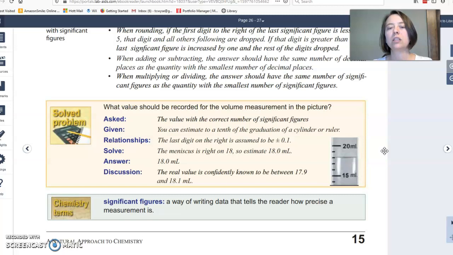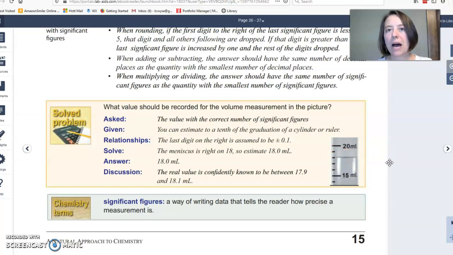So one place more exact than the ones digit is the tenths digit. So our answer is going to have to be estimated in the tenths. So we know that the water's up here, so that's 15, 16, 17, 18, but we can't just say 18, it has to go to the tenths digit.